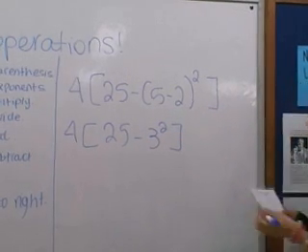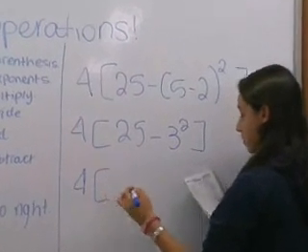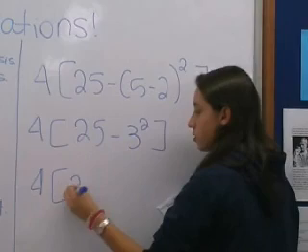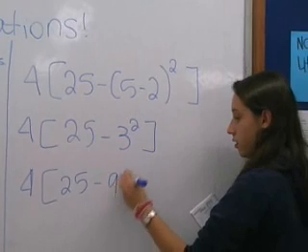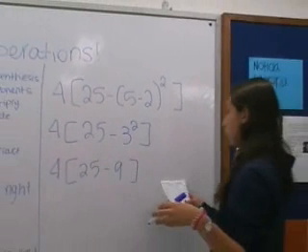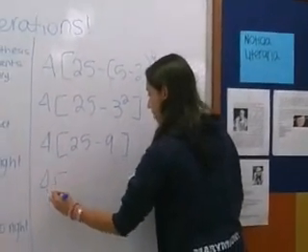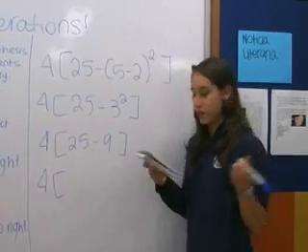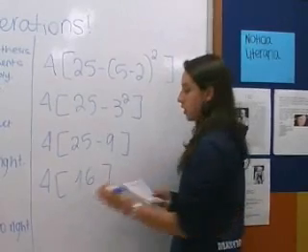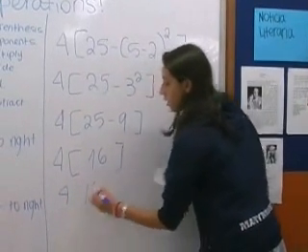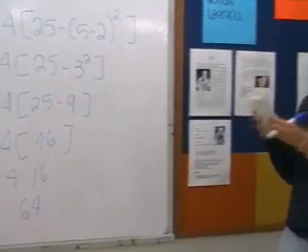Okay. Then you simplify. So you solve this. So it's 25 minus, so 3 times 3 is 9. Then you solve this. So 25 minus 9 is 16. And then you multiply 4 times 16, and it will be 64. So that was an example.